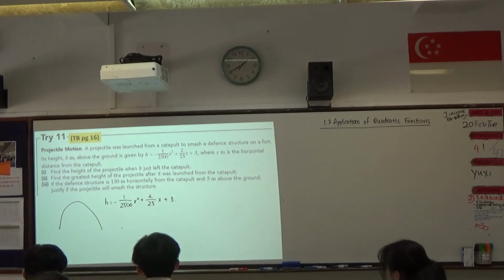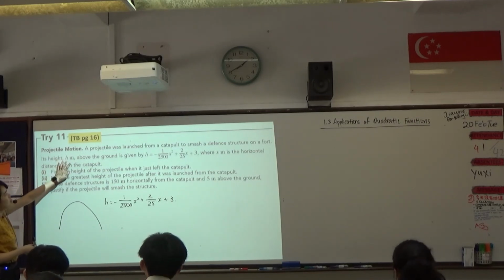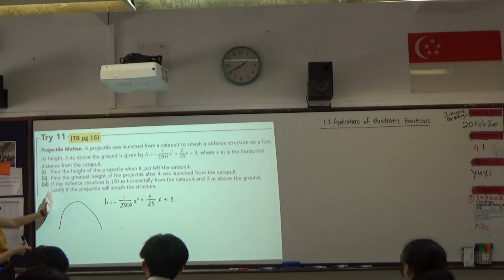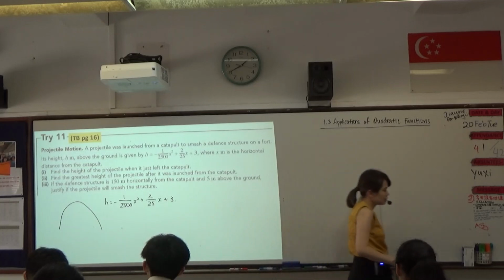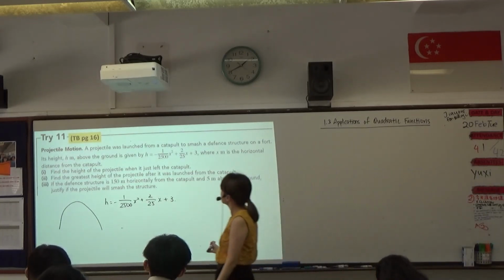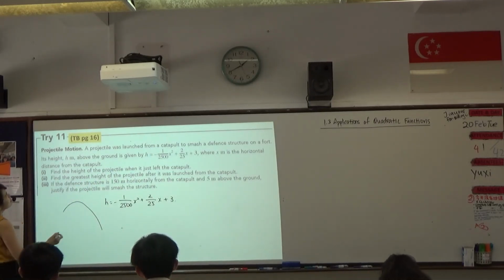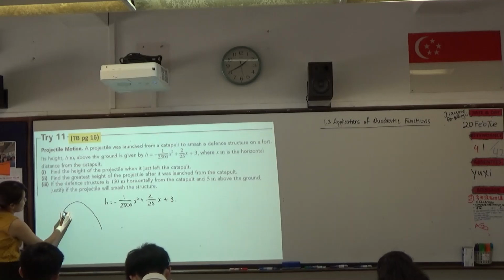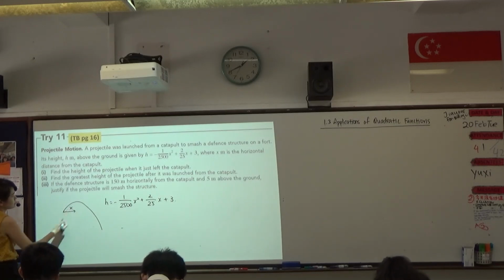Then it says that x and h are defined a certain way. h is the height above the ground. x is the horizontal distance from the catapult. So if we want to draw it out, maybe the catapult is at a distance here like that, then x meters in this direction.